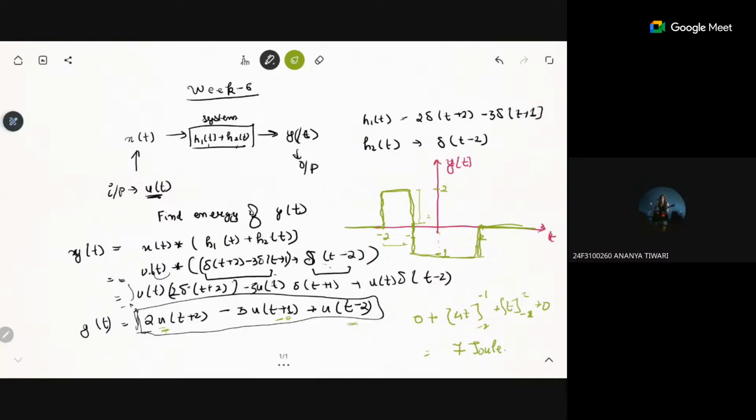Okay, so this was the question. It gives an idea: you started with a very recent topic we have studied, the cascading, and then we utilized that property, and then another property, the Dirac delta function property, and then we went back to the initial lectures where we used to plot the signal.